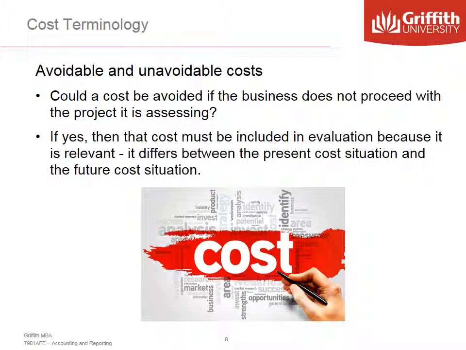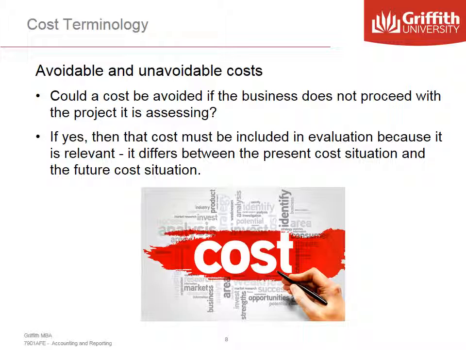Here's another one which has a similar focus for us, avoidable and unavoidable costs. Now, some of these could be past and some could be in the future, so it's not a past-future split here, but some costs can be avoided by doing something differently, and some costs can't be avoided. And so here the distinction is if they're unavoidable, then again, they're not going to be different, are they?